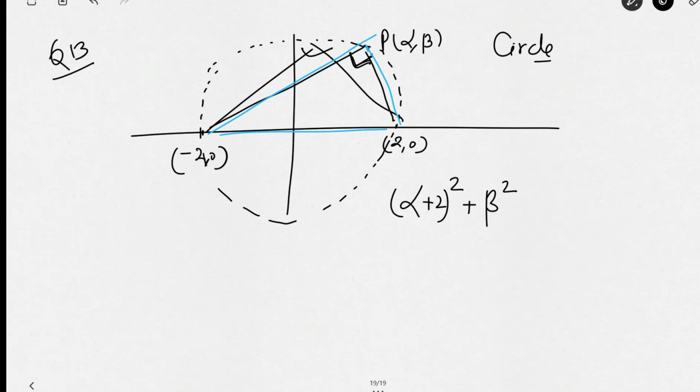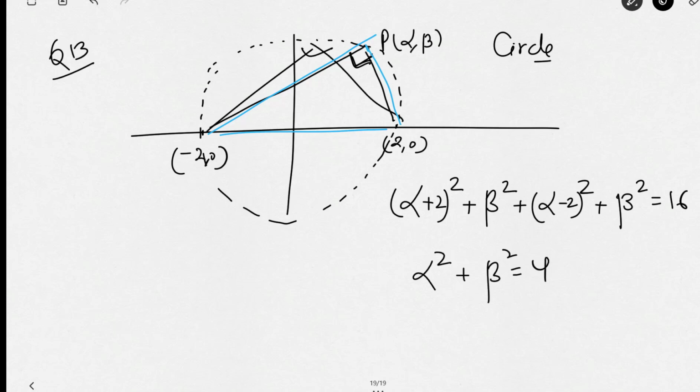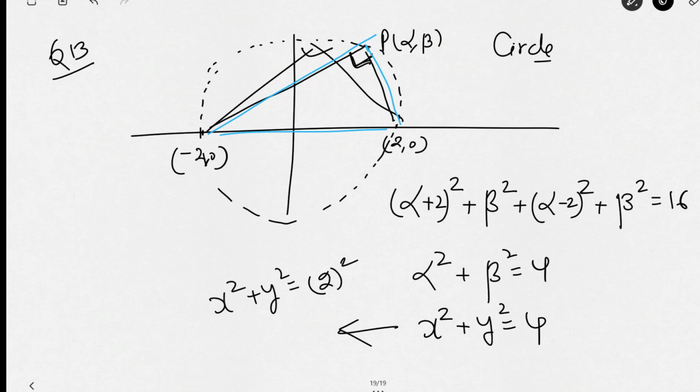Alpha plus 2 square plus beta square plus alpha minus 2 square plus beta square is 16. And if you simplify this, you will get alpha square plus beta square equals 4, or x square plus y square equals 4. Obviously when you will read circle, this will be x square plus y square equals 2 square. So this is the circle.